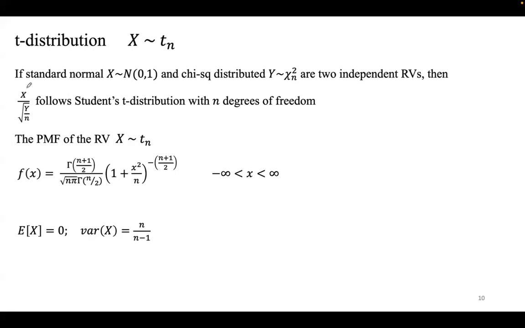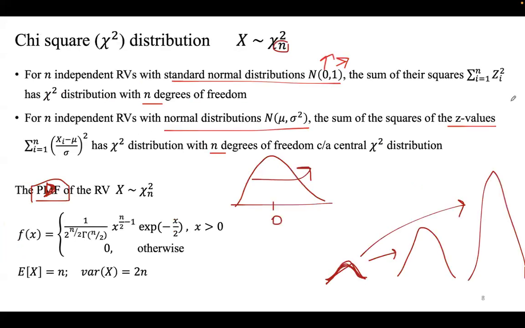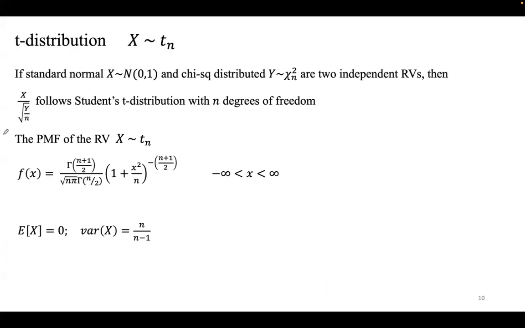Again, remember how we defined a statistic? A statistic is a function of the random variables. It could be any function: sum, square, mean, whatever. Here we summed up the squares. Now we are dividing one by the other.